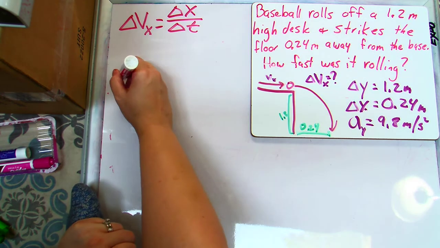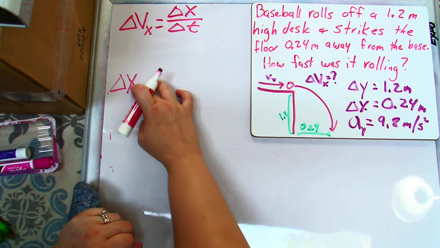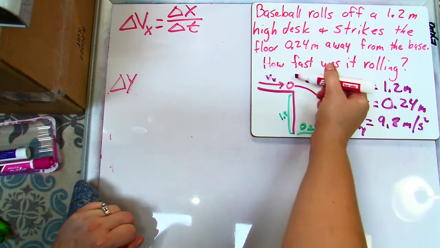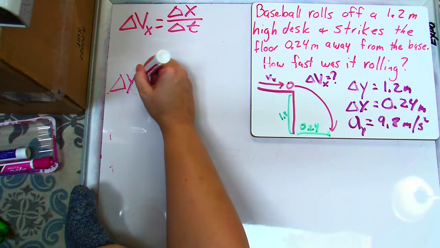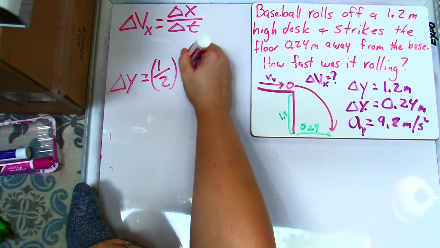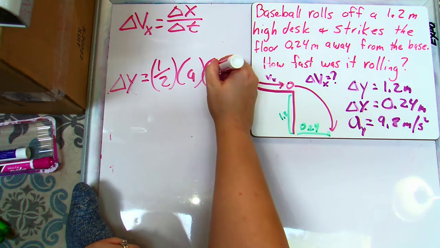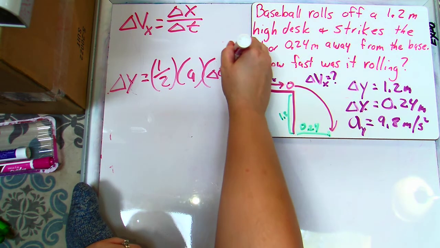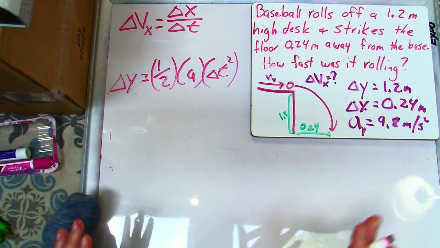When we were talking about it previously, we used x, but I'm going to actually use y because we're looking at the vertical position. y equals 1/2 times the acceleration due to gravity times time squared. So far so good? Hopefully good.